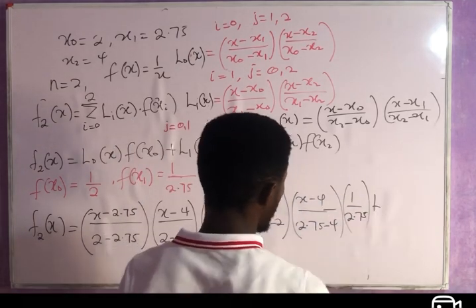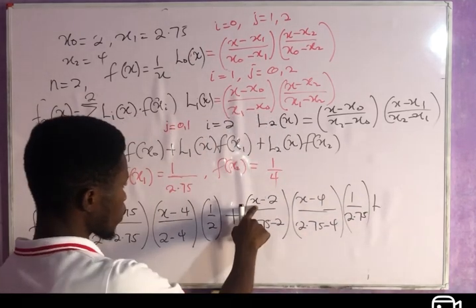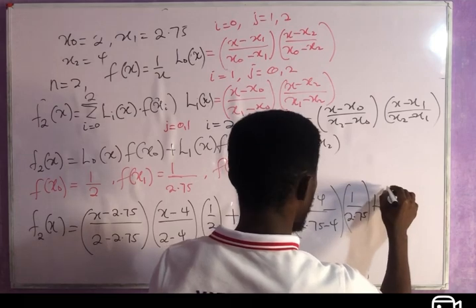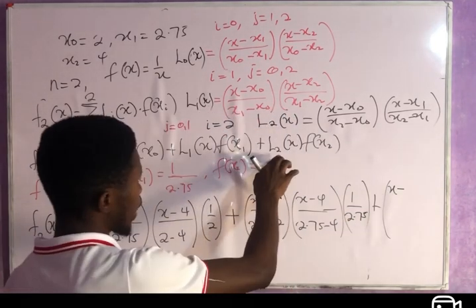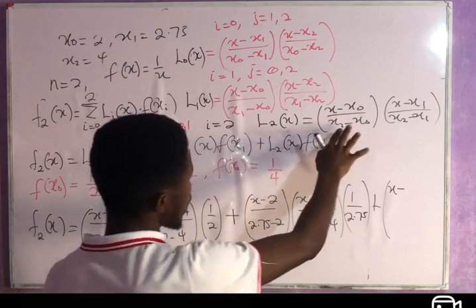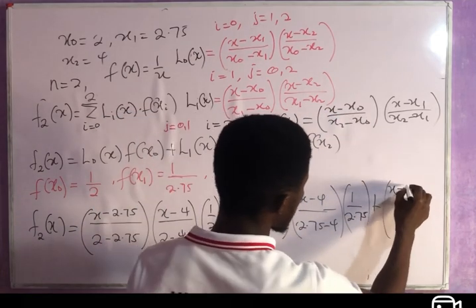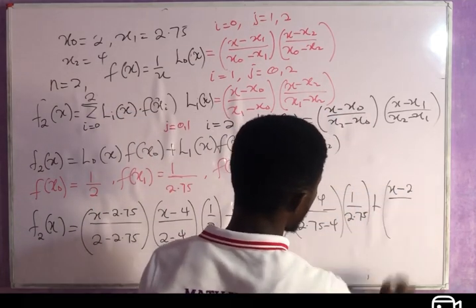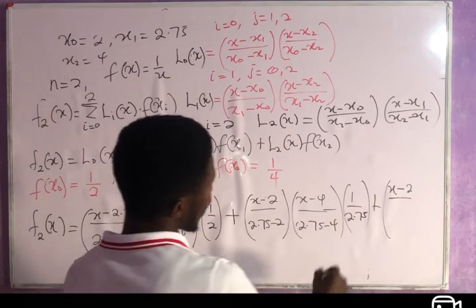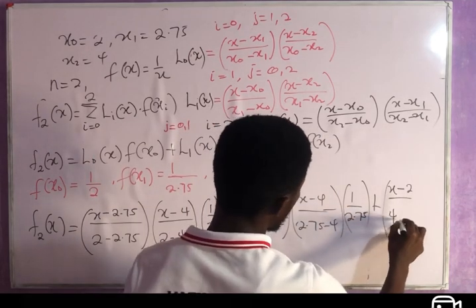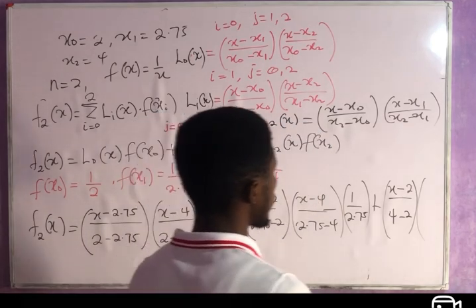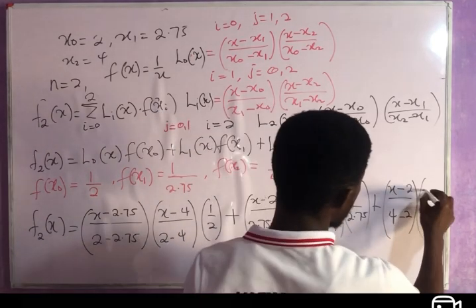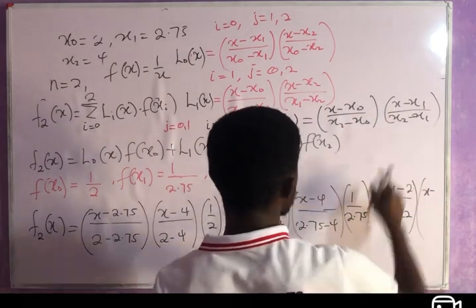f of x1 is 1 over 2.75. Lastly, we have plus x minus, that's the L2. Where's our L2? This is our L2, so x naught is 2, over x2, which is 4, minus 2. Multiplying, what again? x minus x1.